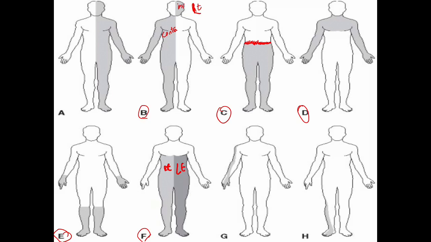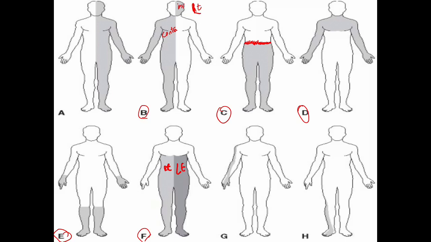So these fibers that you have injured with your stab were supposed to decussate to the opposite side. So you expect this lesion to manifest with left-sided loss of pain, temperature, and crude touch.